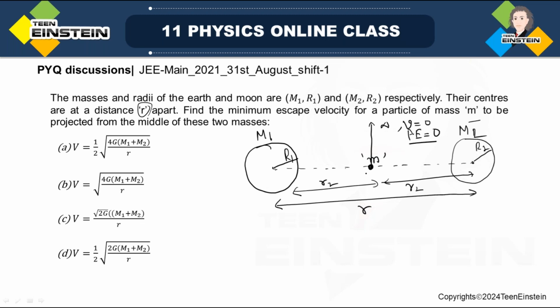So let me take this point to be P. I have to give an escape velocity to an object at point P such that it goes to infinity, where there is no potential energy as well as no kinetic energy.